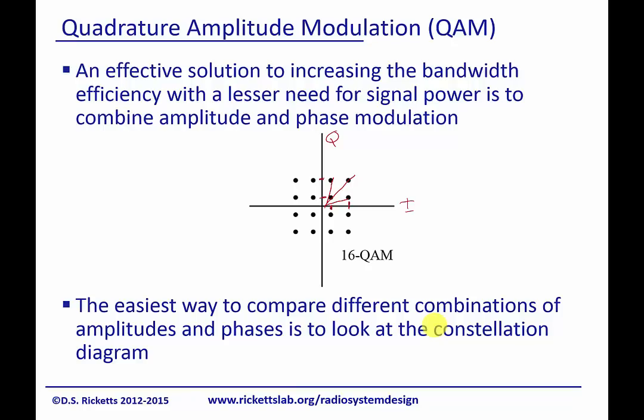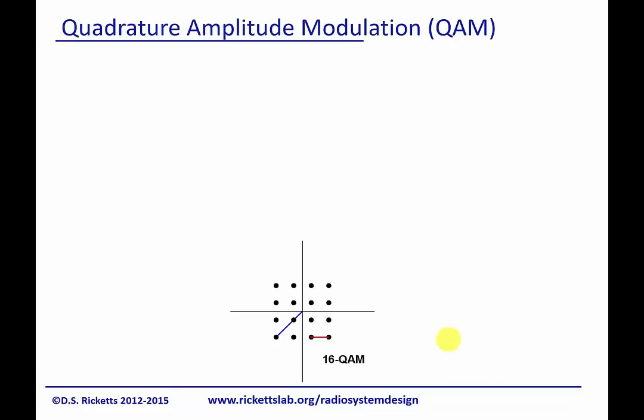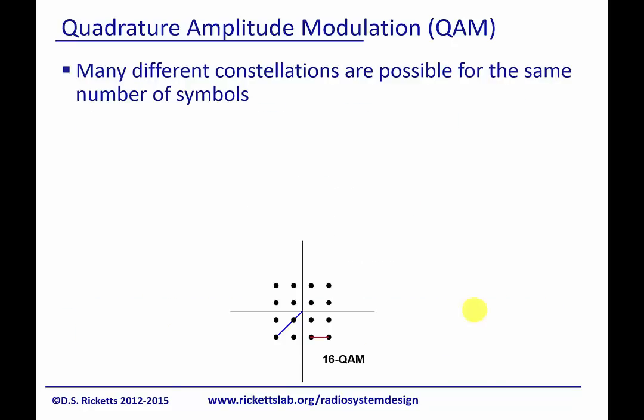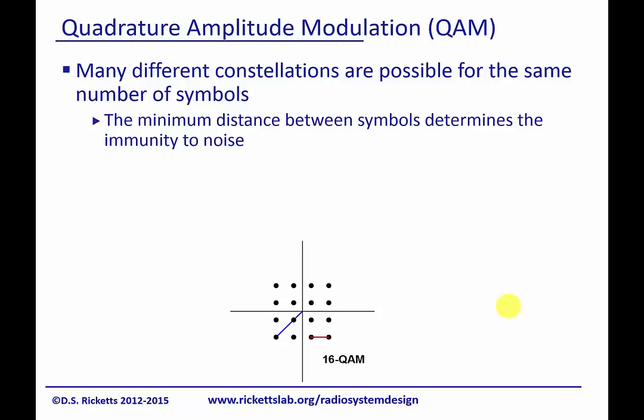What we're really concerned about when we do these higher order modulations is two aspects. One is the power, and the other has to do with the noise immunity. The easiest way to compare different combinations of amplitudes and phases is to look at a constellation diagram like I've shown you. We can do many different constellations.